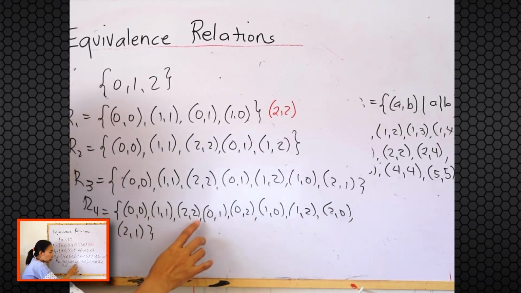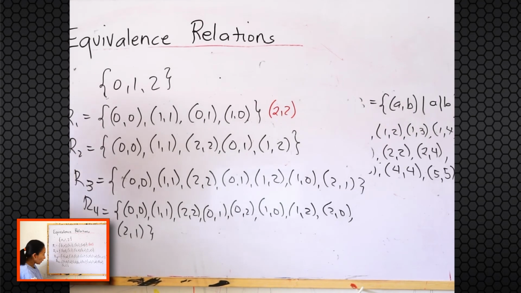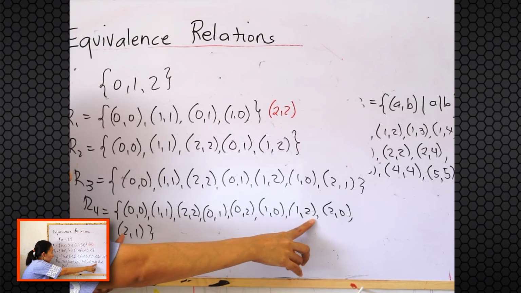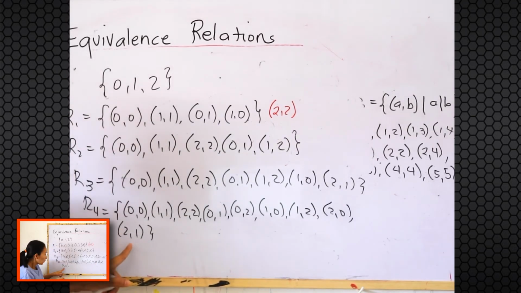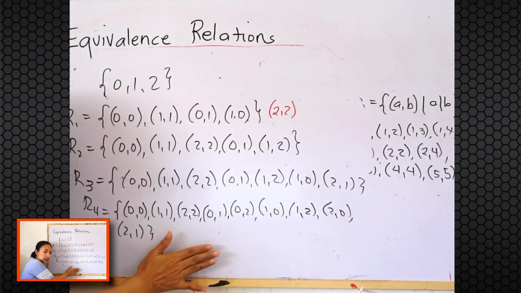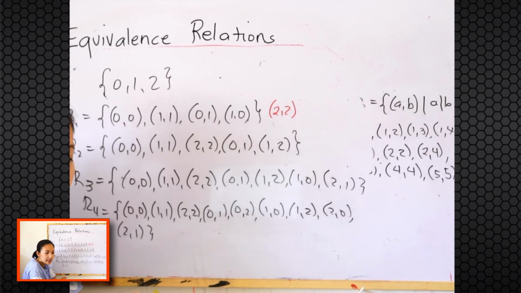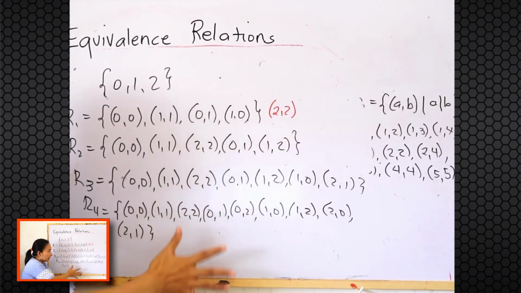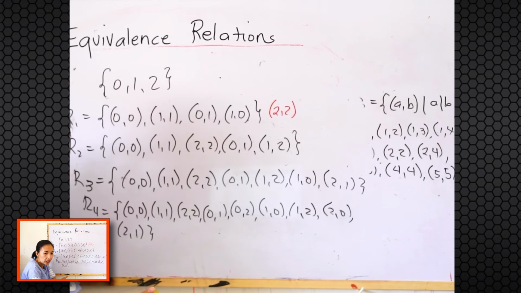We have (2,2). Last, if 2 is related to 1, and 1 is related to 2, therefore 2 is related to 2, which is part of the relation. Therefore, this is an example of an equivalence relation, because it satisfies all three properties of reflexivity, transitivity, and symmetry. Do you have questions here?